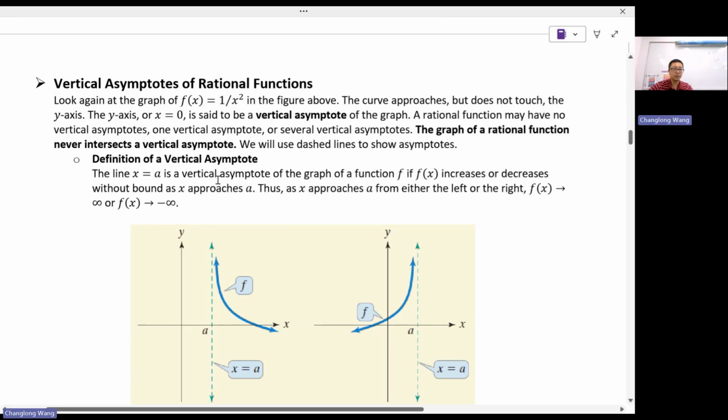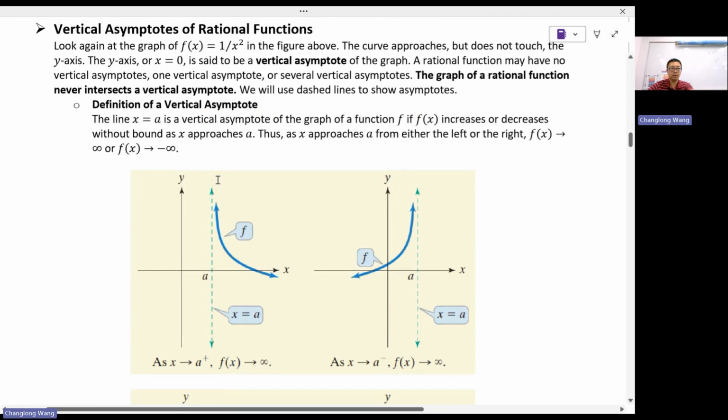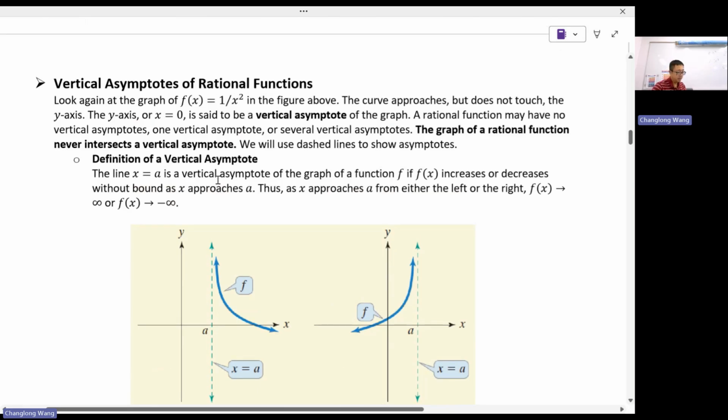Now, of course, it will be hard to scroll up and down, but at the same time, you could also look at your packet. I think it's page 3, right? So there are 4 typical behaviors of the function when you get nearby a vertical asymptote.